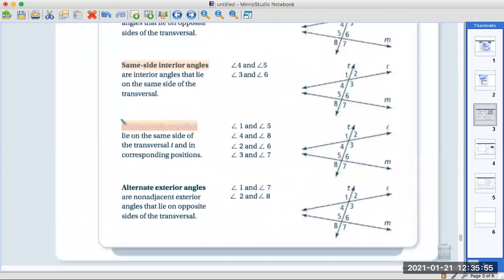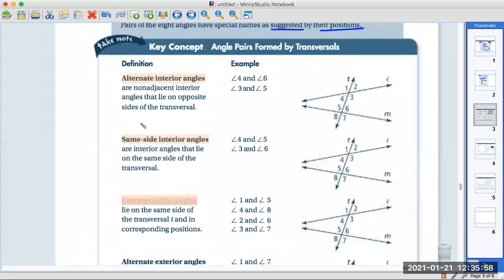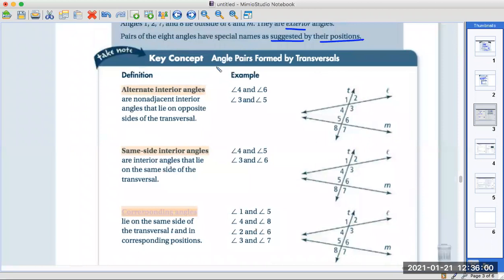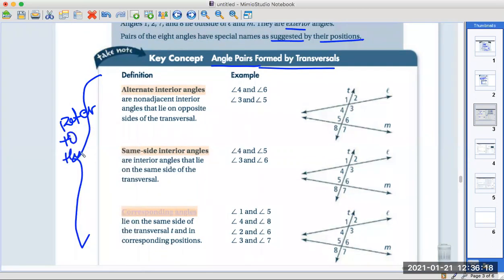Here they are. This one didn't come out, but let's look. Angle pairs: you're definitely going to refer to this because your homework asks you to answer the angle pair name. Alternate interior angles are 4 and 6.